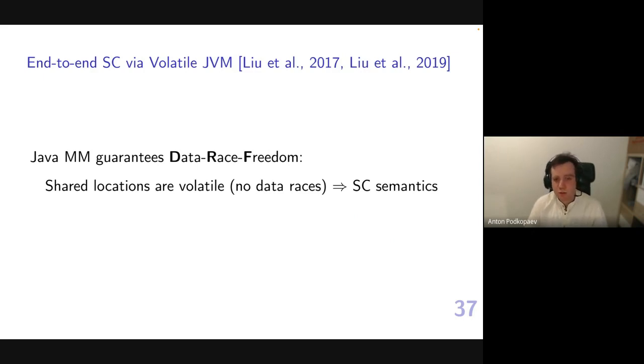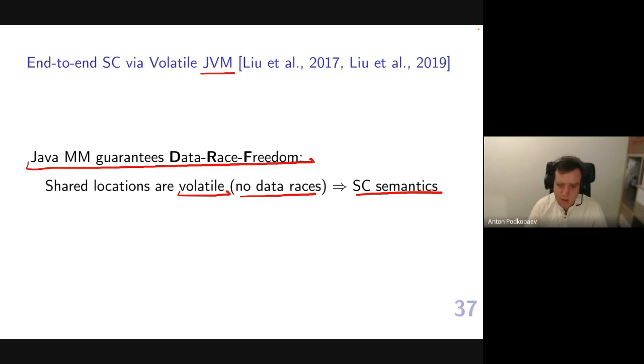It was an experiment on the Java virtual machine, which has a similar guarantee to data race freedom, which essentially says that if all shared locations in your program are marked with a special tag volatile, then you don't have data races, and that should give you sequentially consistent semantics.